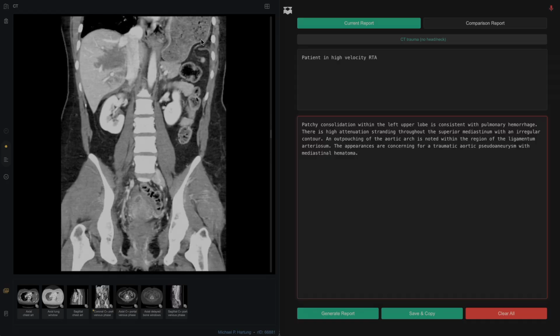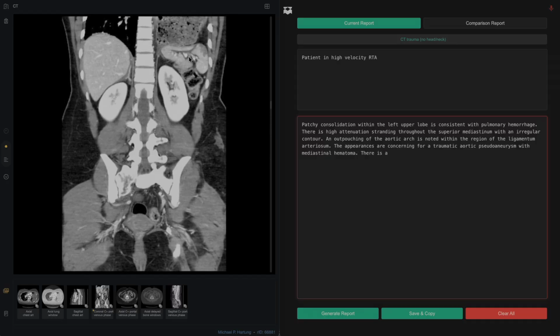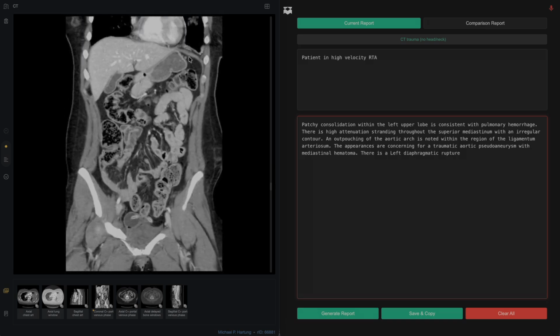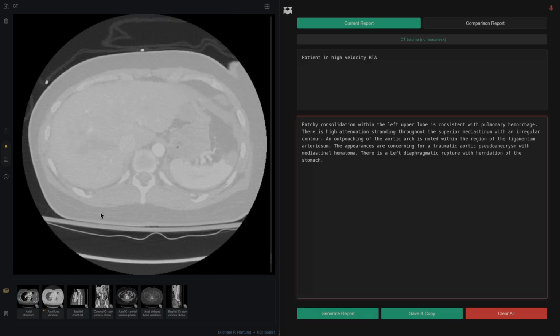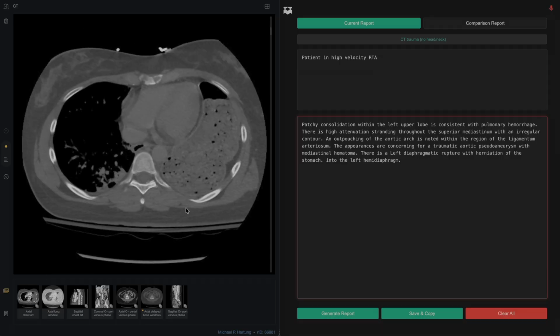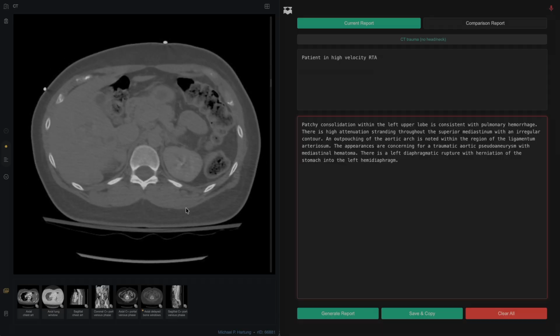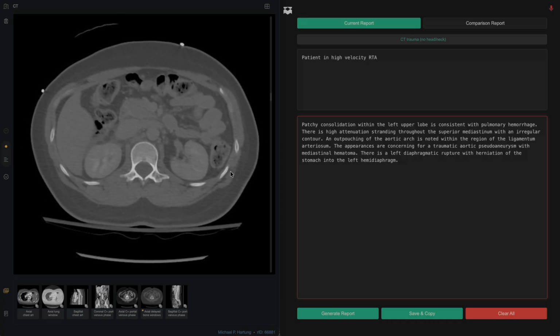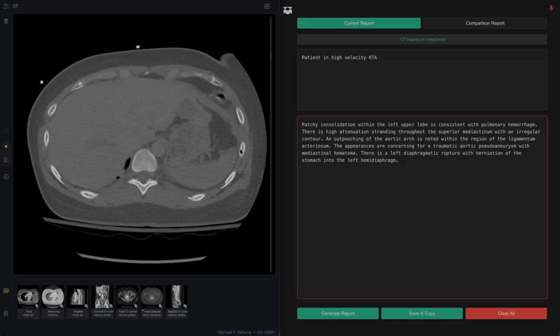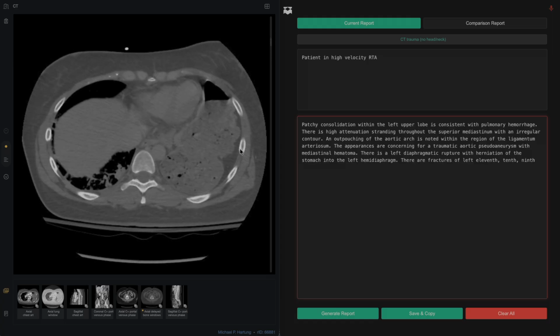There is a left diaphragmatic rupture with herniation of the stomach into the left hemidiaphragm. There are fractures of the left 11th, 10th, 9th and 8th ribs.